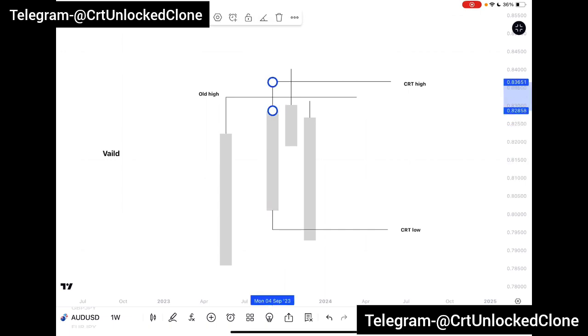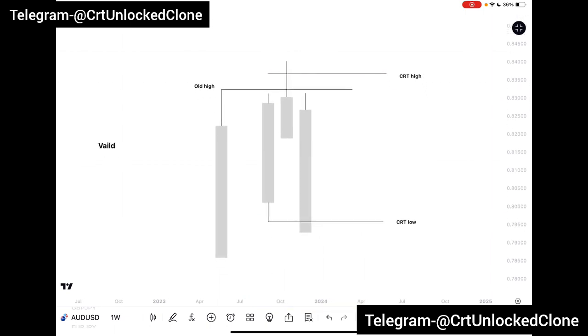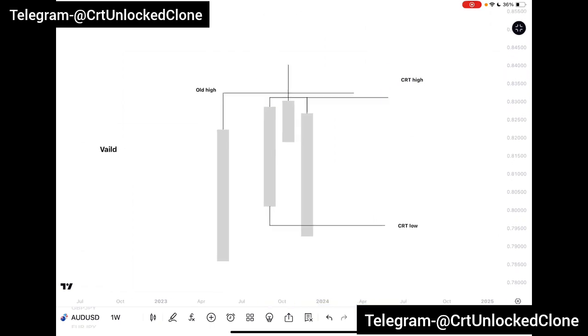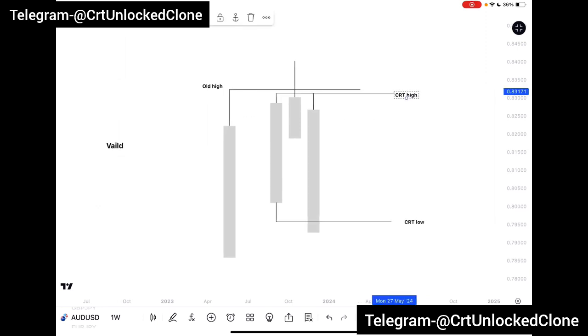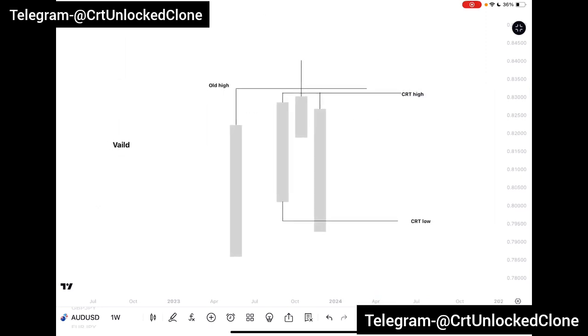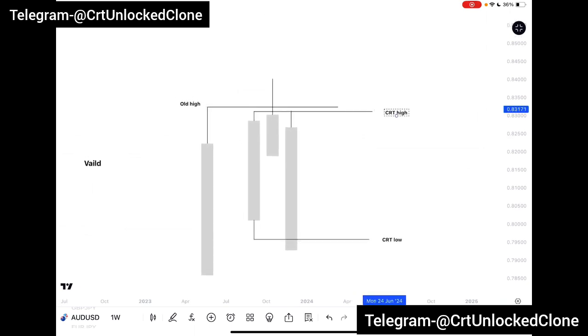Now in here, this is our CRT high. By looking at it, you can understand. The first candle which purged the old high, which means the key level, is our manipulation candle.